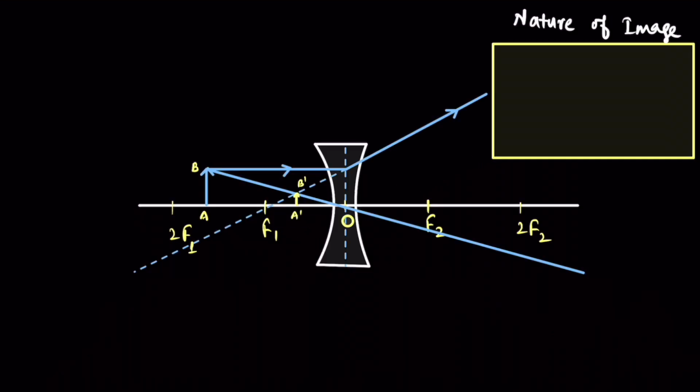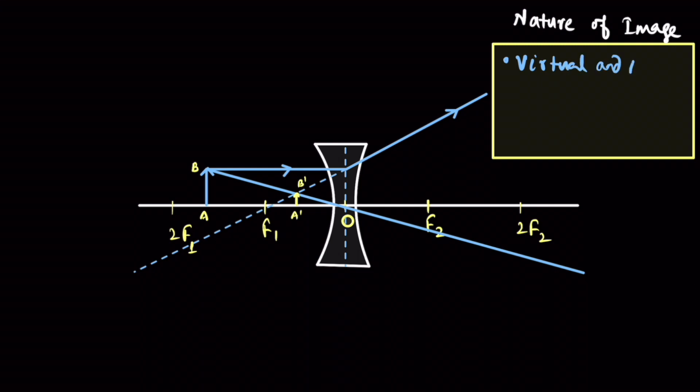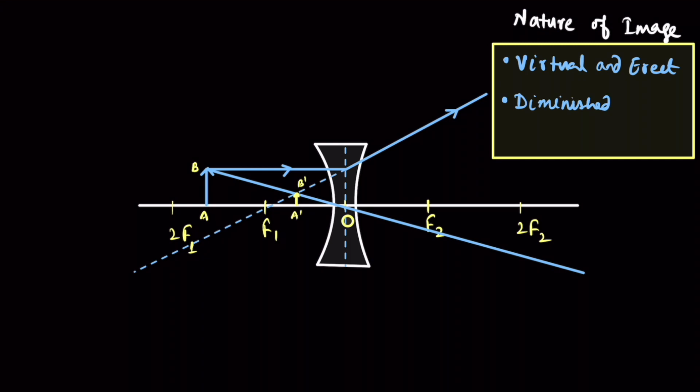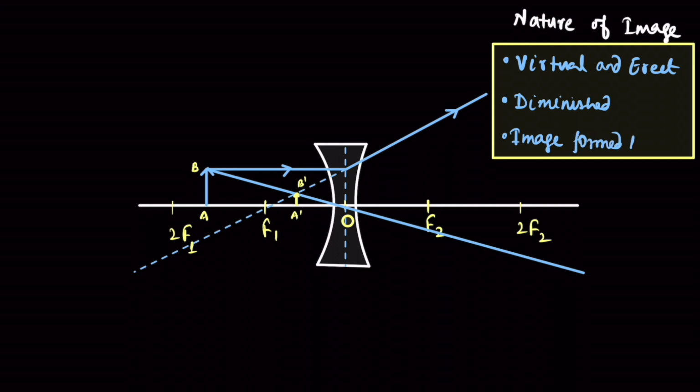So the nature of image is virtual and erect, second, diminished, and third, image formed between F1 and O. So that's it in the image formation of the spherical lens.